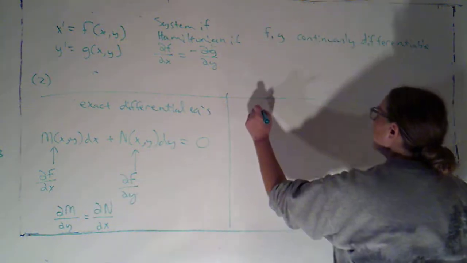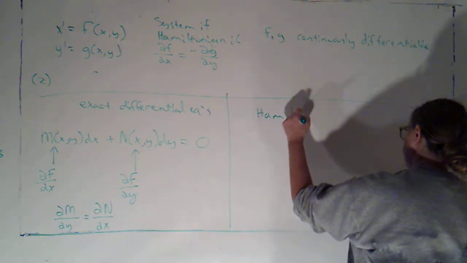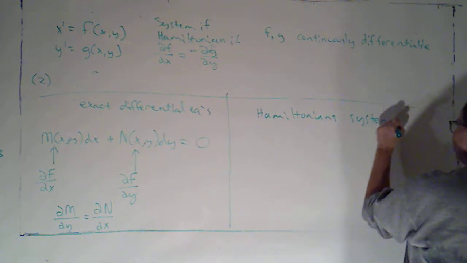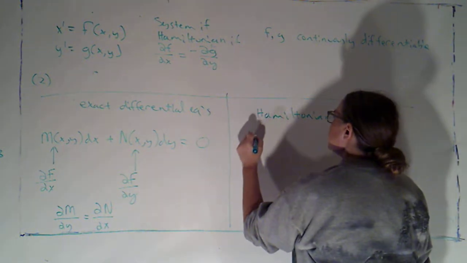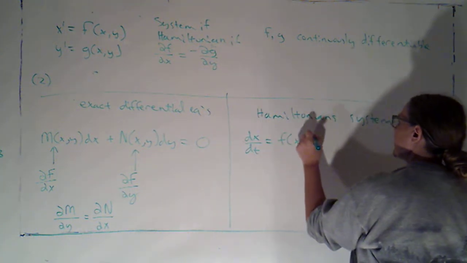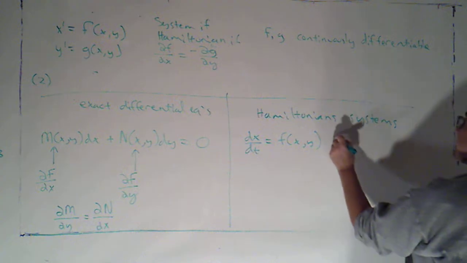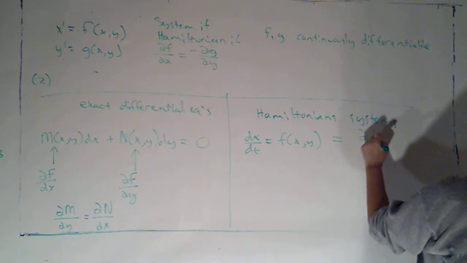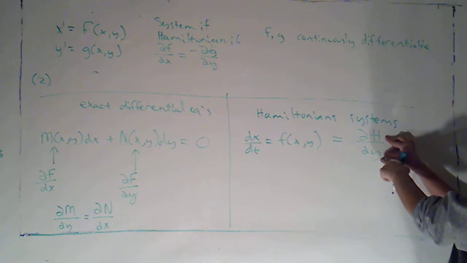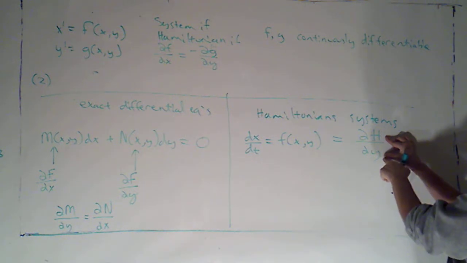When we're looking at Hamiltonian systems, there's a lot that's similar, but there's a lot that's different. We're looking at dx by dt equaling f of xy. If it's Hamiltonian, that's the partial of h with respect to y, not with respect to x.